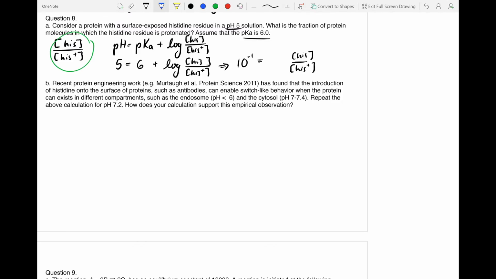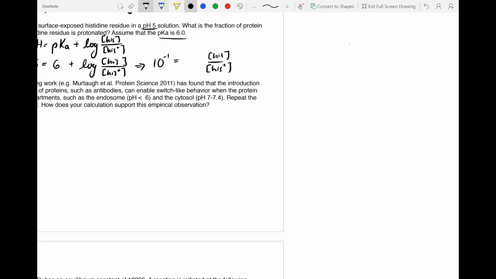So once you know the ratio, let's just say that the number that we get is going to be alpha. You're going to have the concentration of histidine is equal to some amount alpha of the protonated form. And the concentration of histidine plus the concentration of the protonated form is the total concentration, so that's going to be equal to 1.